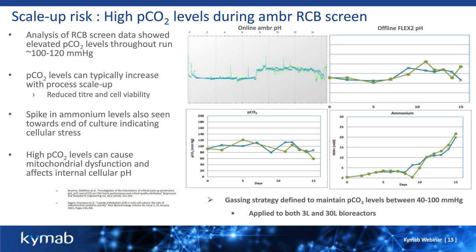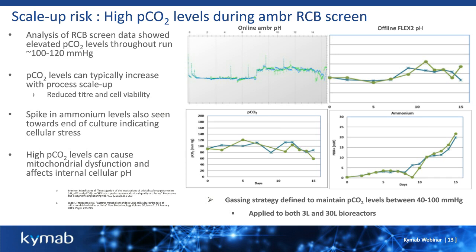Now, PCO2 levels typically tend to go up as the process is scaled up, and this can cause a reduction in your product titer and cell viability. During the RCB screen, we saw a spike in ammonium levels after day 10, indicating cellular stress.